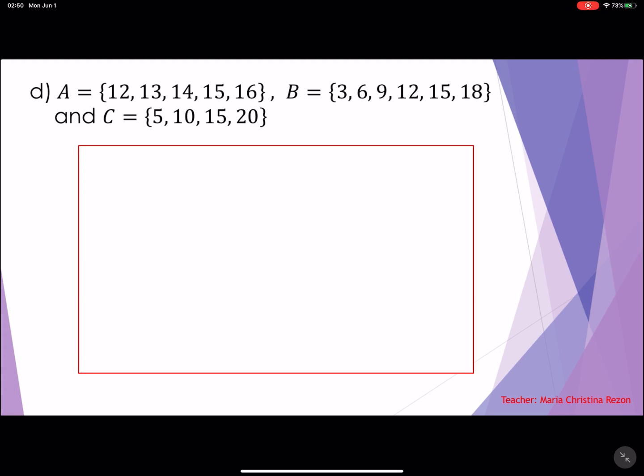Your B is a set of 3, 6, 9, 12, 15, 18. And your C is a set of 5, 10, 15, 20. Draw a Venn diagram of these relationships of your sets here.